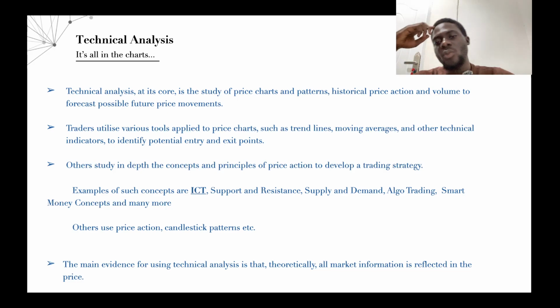Do you understand? So a moving average is kind of like how you want the market to view the price you are monitoring. If you want it to view it in 200-day ranges, that's what it's going to do, and it's going to forecast price according to the 200-day range you've given it. You understand? And there are other technical indicators to identify potential entry and exit points.